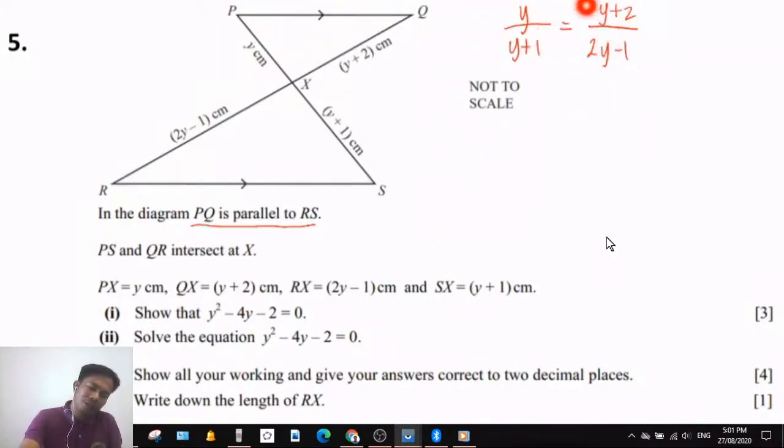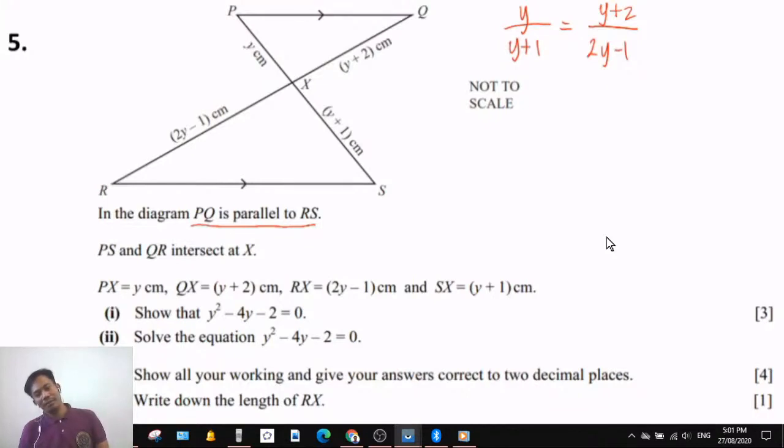You remember when you are studying similar triangles, the ratios of the corresponding sides are always equivalent to one another. So y and y plus 1 are corresponding sides of the similar triangles. 2y minus 1 and y plus 2 are corresponding sides. Small over big. Small over big.